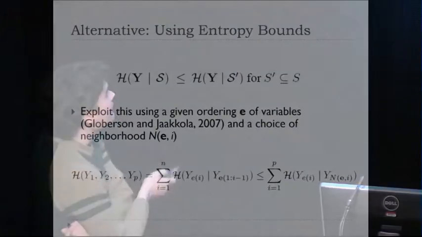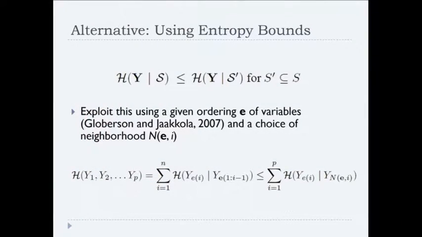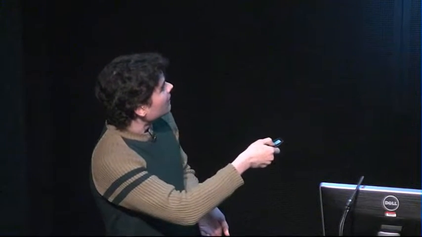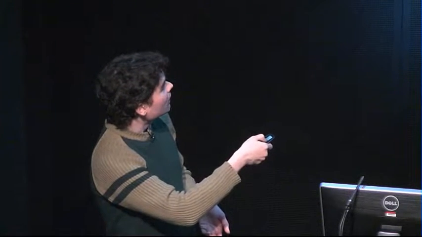How you can approximate this entropy in a way that's also related to your choice of Z. So one way of doing this is looking at this very simple relationship of entropy, that if you condition on a larger set, your entropy can only go down. It never increases as you increase your observations. So with that, you can build a very simple bound by, for example, choosing a particular order for your variables.